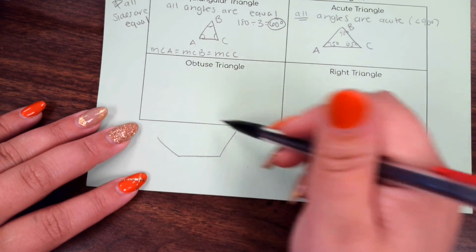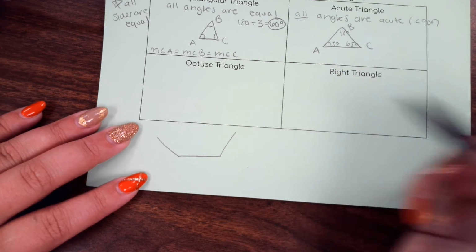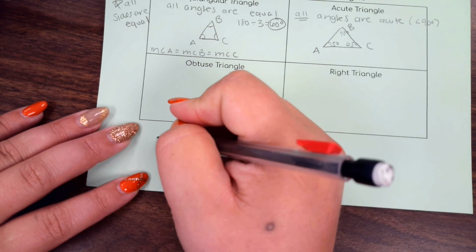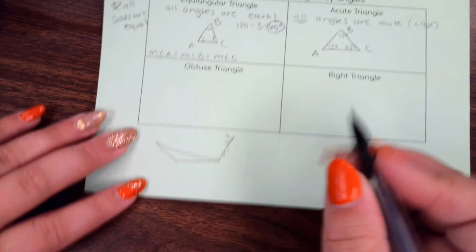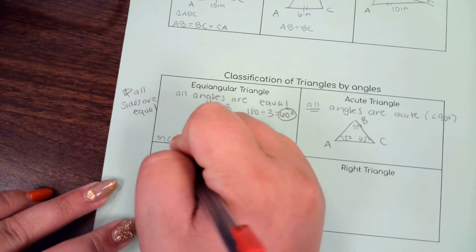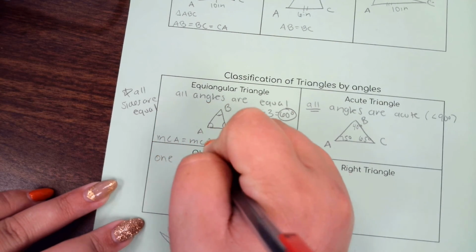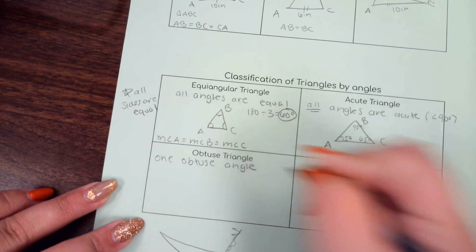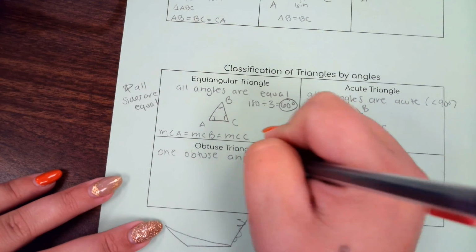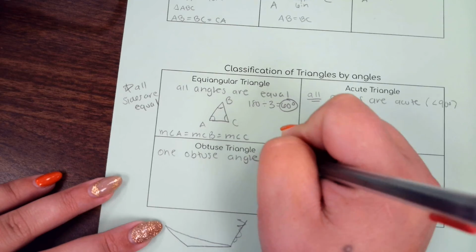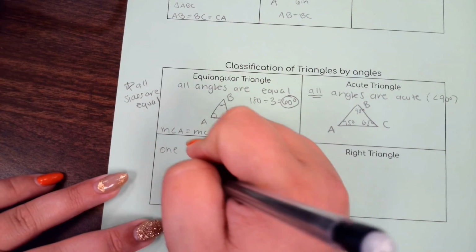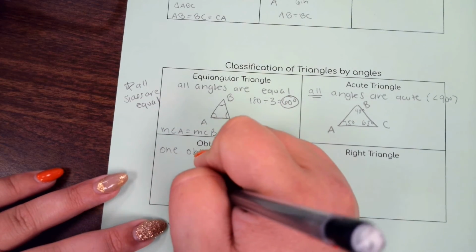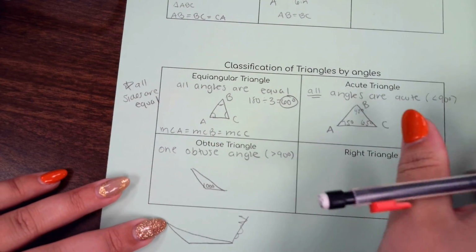There's no way we can make this situation into a triangle. So in order to have an obtuse triangle, you just need one obtuse angle. One obtuse angle, and obtuse, of course, means greater than 90 degrees. So if we draw one looking like that, that's 100 degrees.